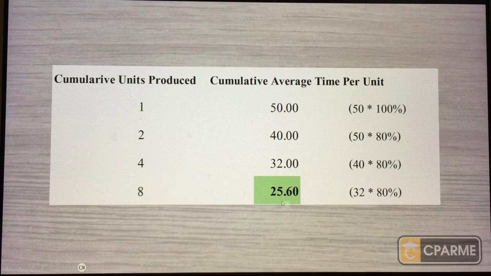So 25.6 times 8, less 50. That's the time required in producing the additional 7 units.